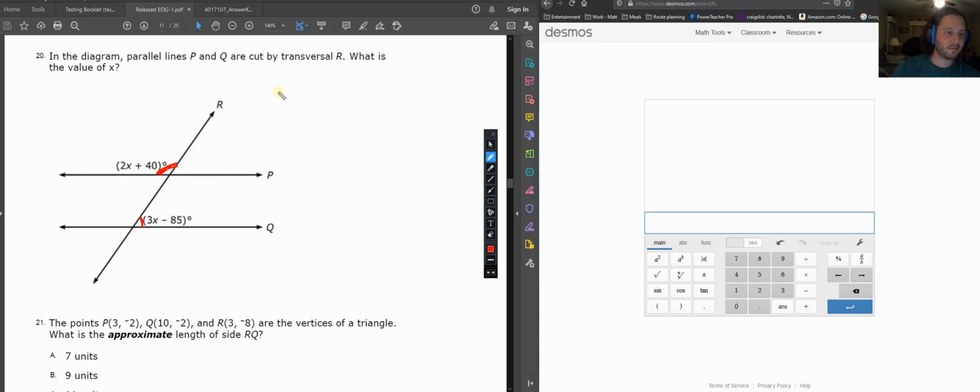However, I could do 2x plus 40 plus 3x minus 85, ignoring the parentheses, will equal 180 degrees. And then I can start simplifying and solving from here, which is exactly what I will do.